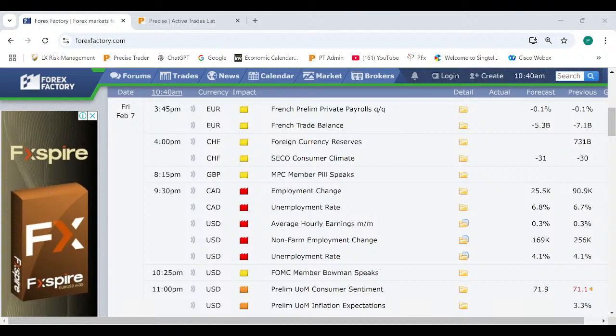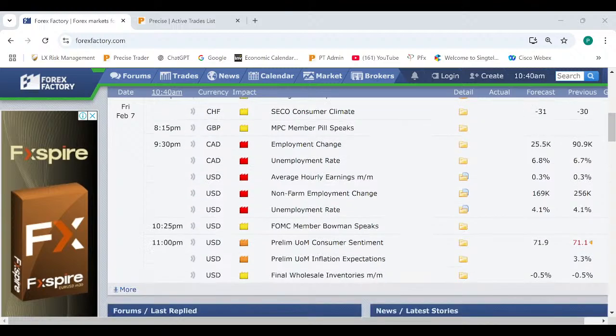We are going to get from the US the non-farm payroll, unemployment rate, and average hourly earnings, and the Canadian employment change and unemployment rate, and also from the US the prelim UMich consumer sentiment. So this is also data to be taken note of.